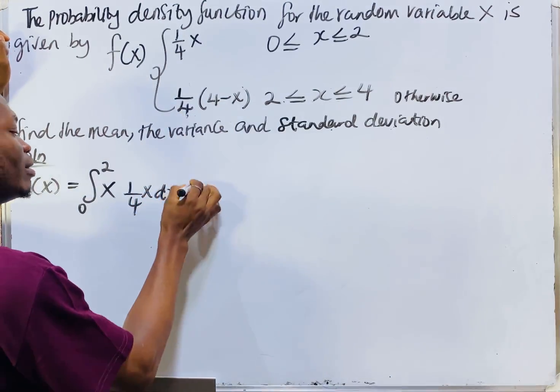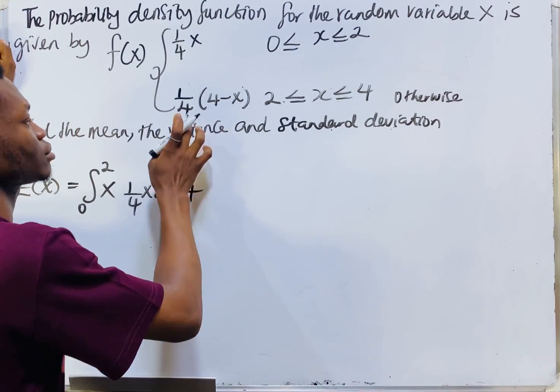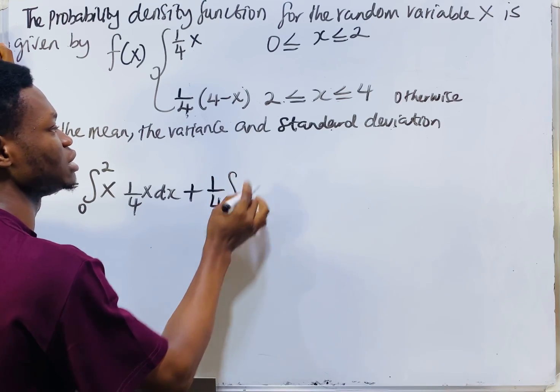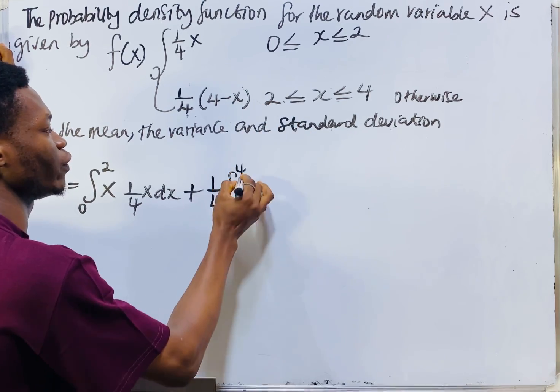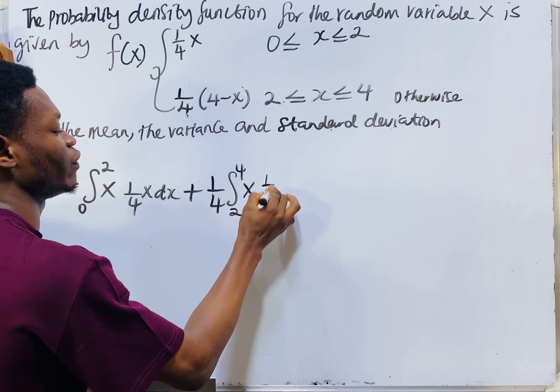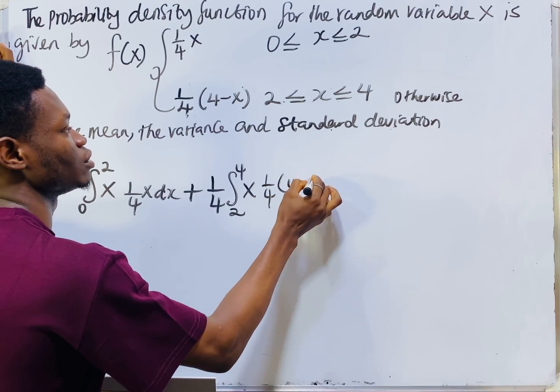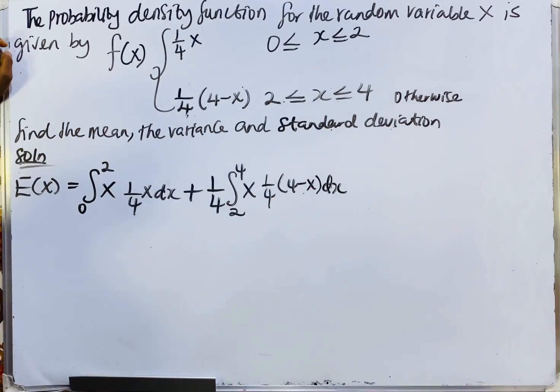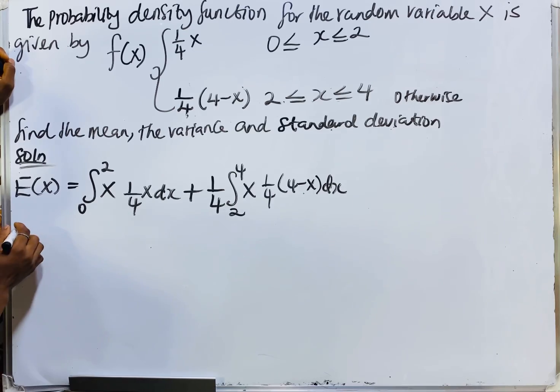So let's combine the two with addition. We're going to have 1 over 4 and integral from 2 to 4 of x, 1 over 4, 4 minus x dx. That's all. It's not that we are finished, so let's continue to solve.